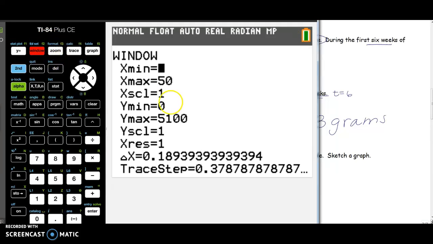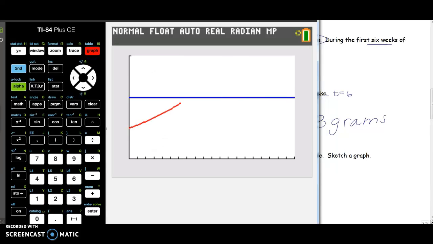So let's change our window. Let's change our X max back to 20. And let's change our Y max to 1. Because if we're looking for 0.6, we only need to go to 1. So now it looks a lot better.